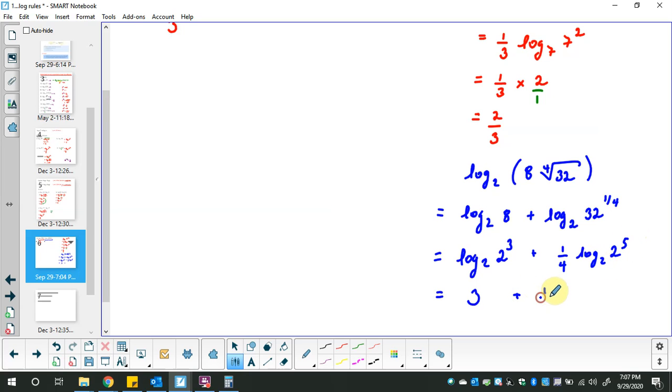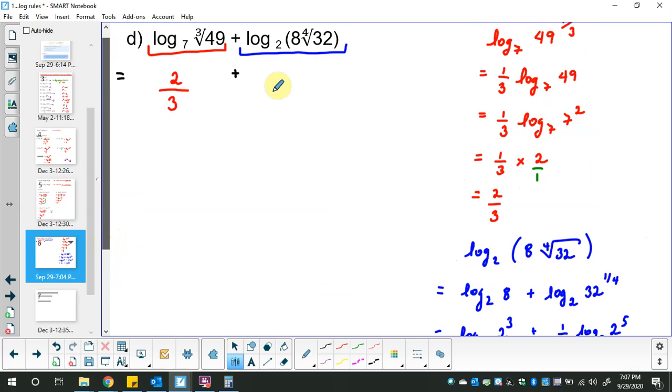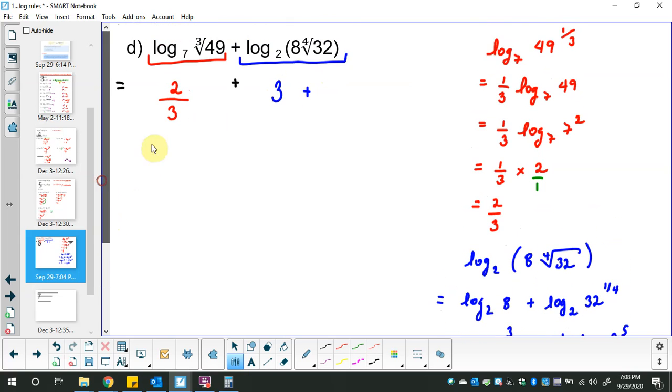So we end up with 1/4 multiplied by 5. Plus 3 plus 1/4 times 5 here.